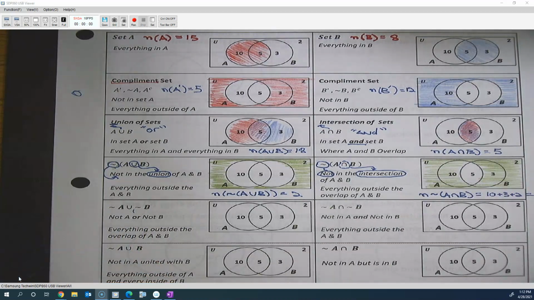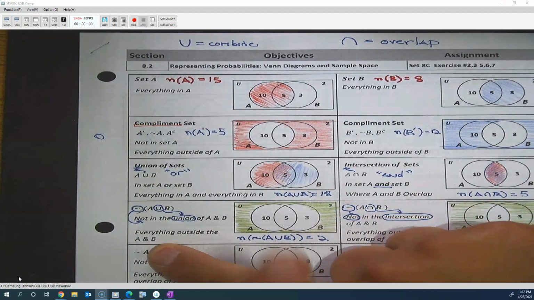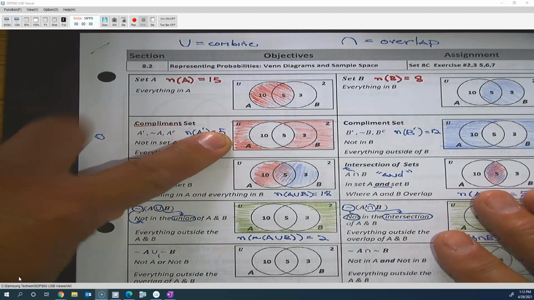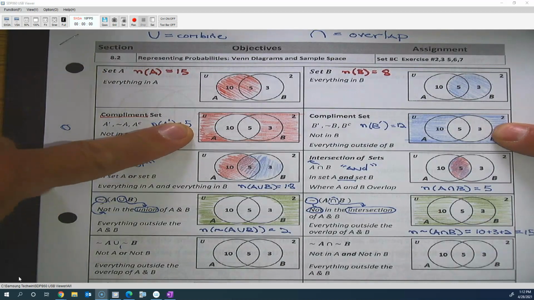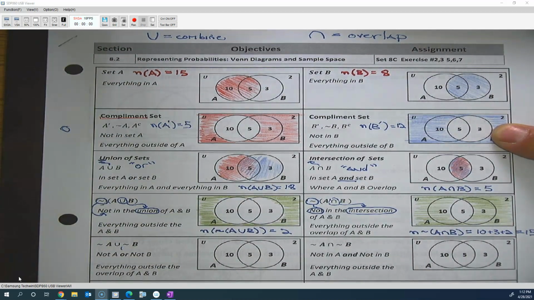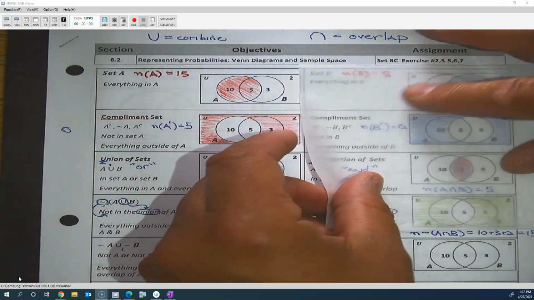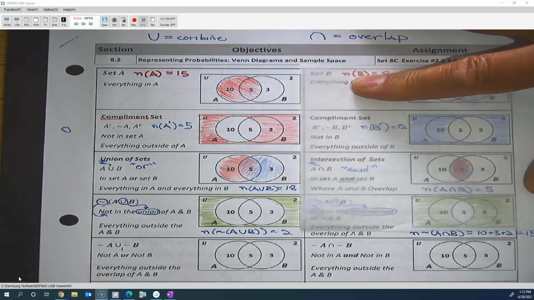So what I'm basically doing is I'm going to take the not A, which looks like this one right here, and I'm going to unite it with the not B, which is this one. Okay? So basically, this is what it would look like. I'm just going to take one of these. I know I'm going to combine them.